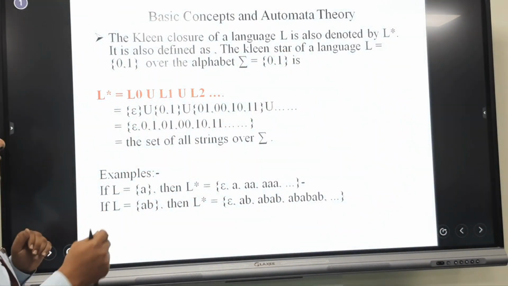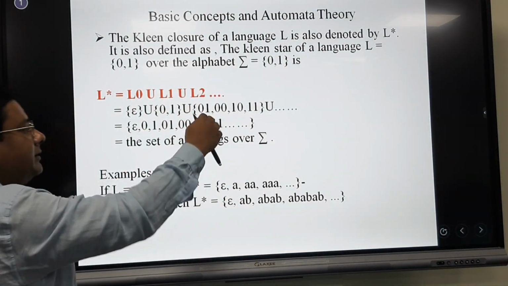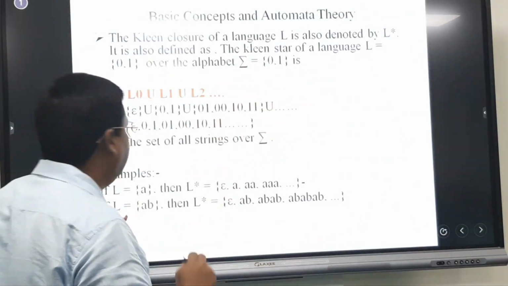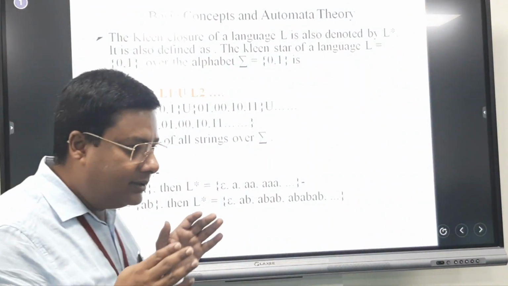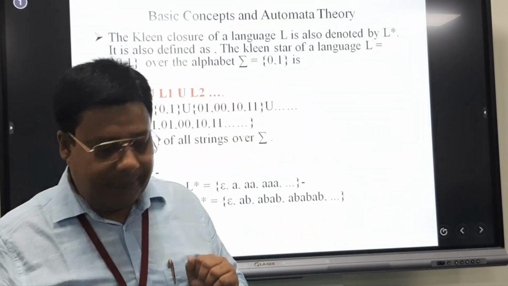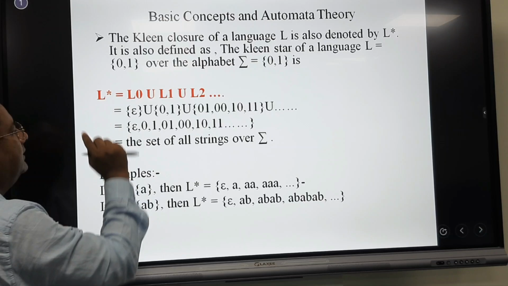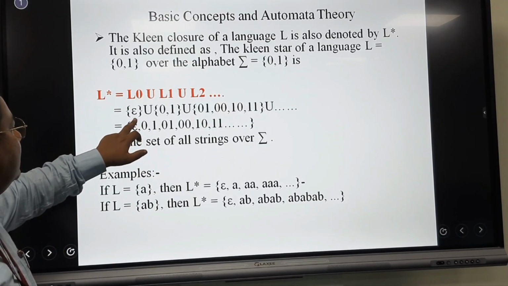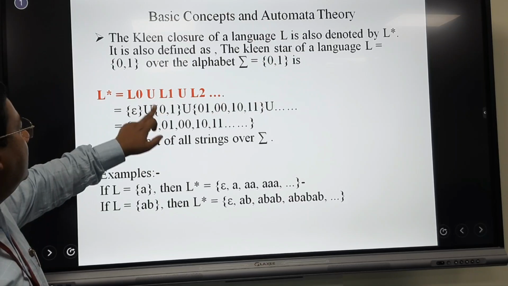For this example we have considered up to L2, and we have represented the rest by dotted points. L0 means the string which contains only the empty string. This is epsilon, not sigma.